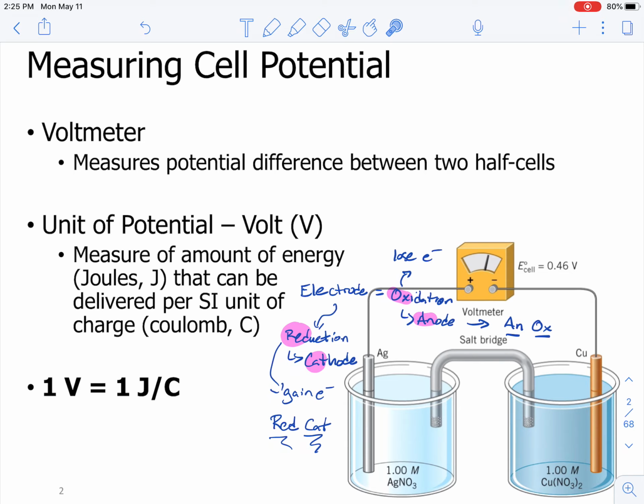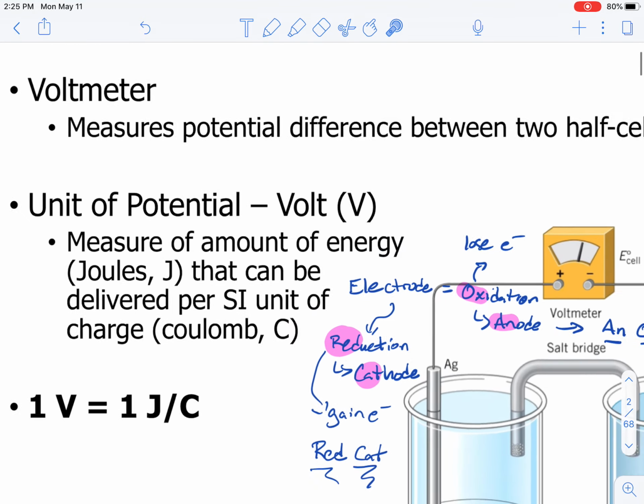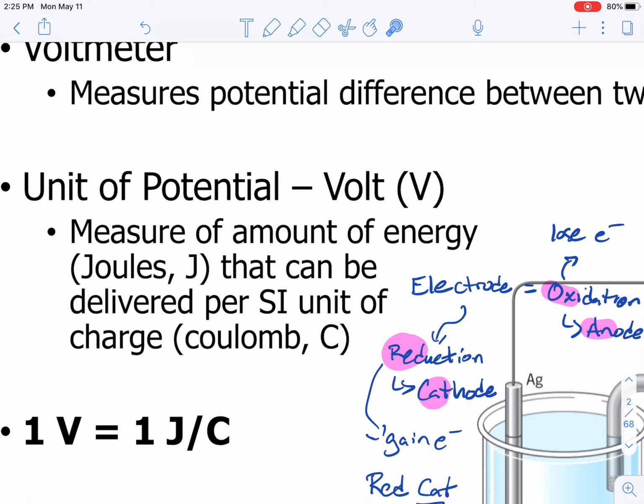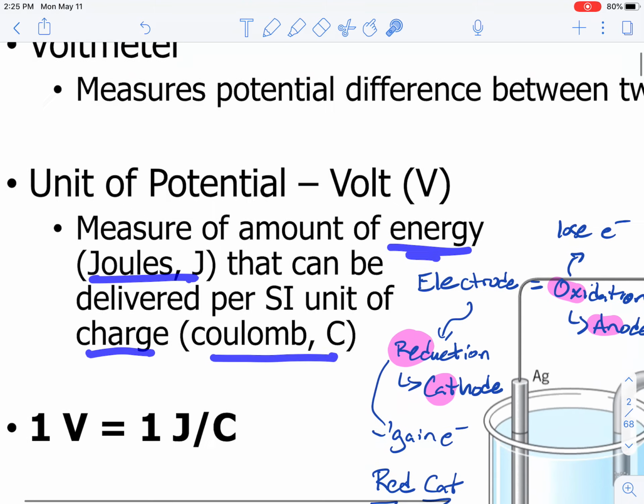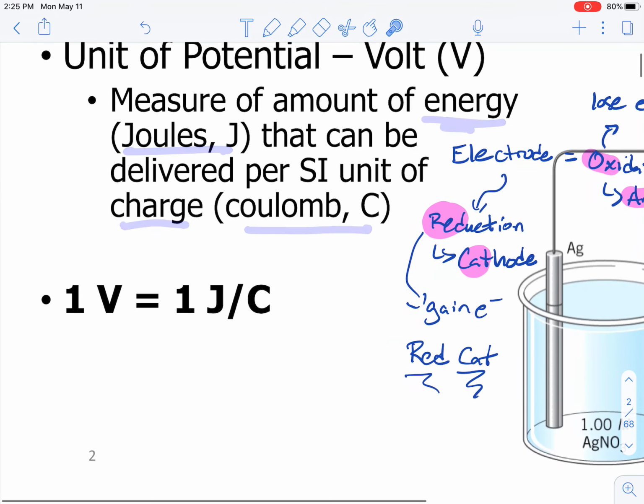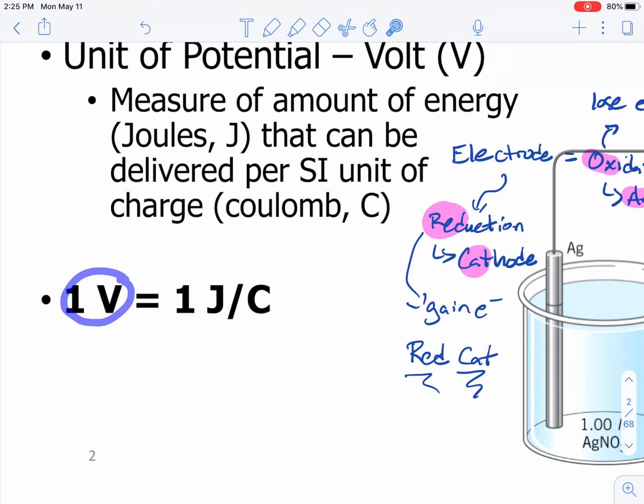So the unit that we're going to use to describe this potential is volts. And volts simply measures the amount of energy that can be delivered per unit of charge. The unit for energy is joules, and the unit for charge is coulombs, or capital C. So overall, a volt is equal to a joule per coulomb.